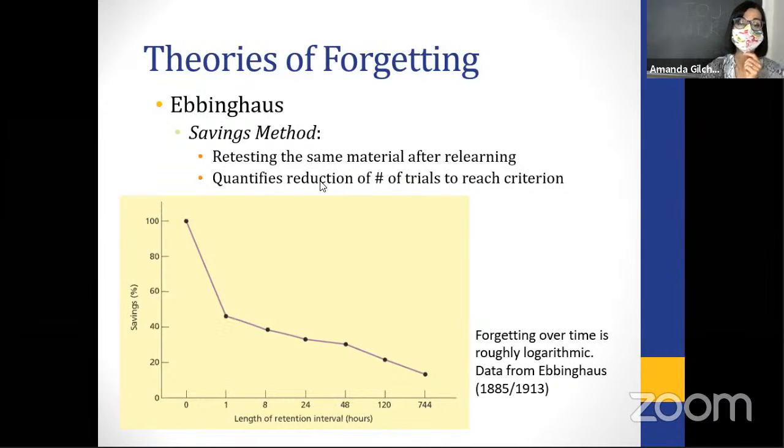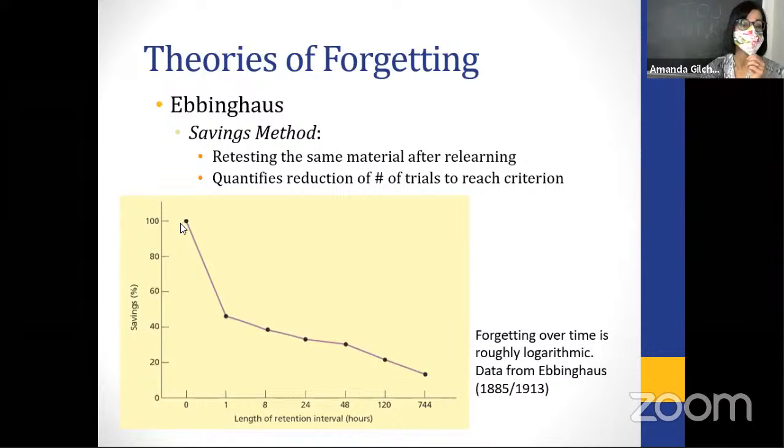So this is the famous Ebbinghaus forgetting curve. And we find that this holds up over a wide variety of studies. And basically what we find is that forgetting over time is a logarithmic function with a majority of memories being lost within the first hour of studying. So what happens is that forgetting is initially very rapid.